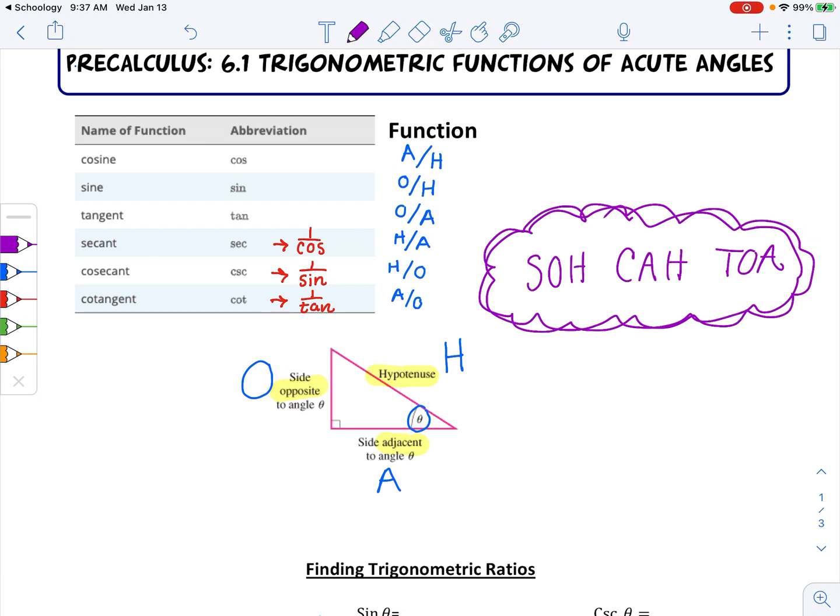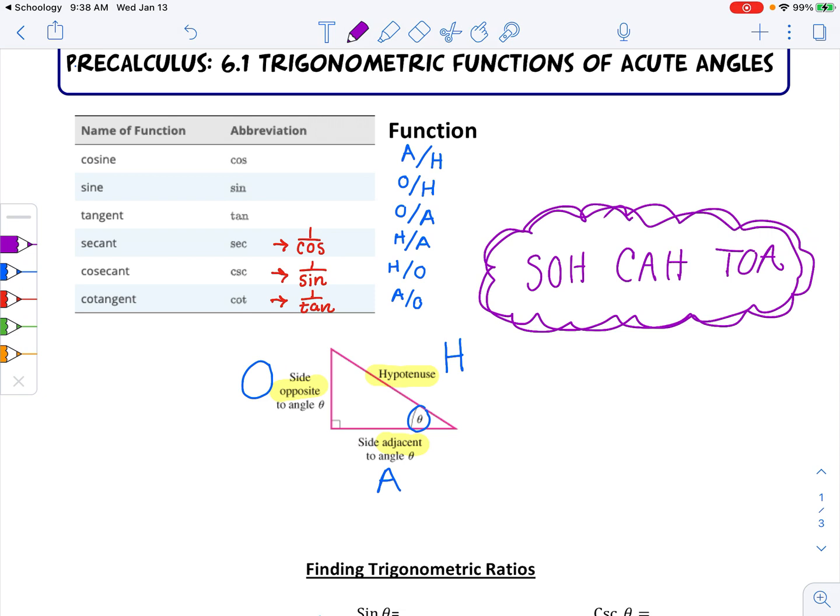Sine is O over H, opposite over hypotenuse. The C stands for cosine. Cosine is adjacent over hypotenuse, hence the CAH. TOA is our tangent, and tangent is opposite over adjacent. So let's use that as we move forward, and then be familiar with the secant, cosecant, cotangent as just flipping the previous function.